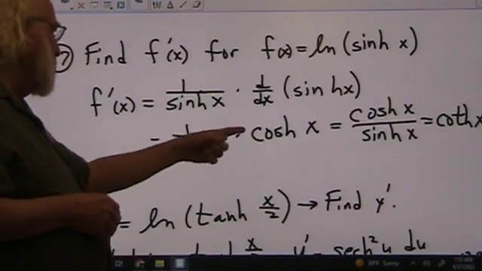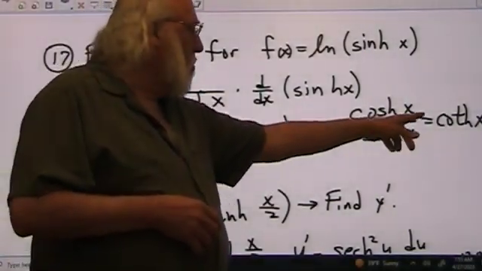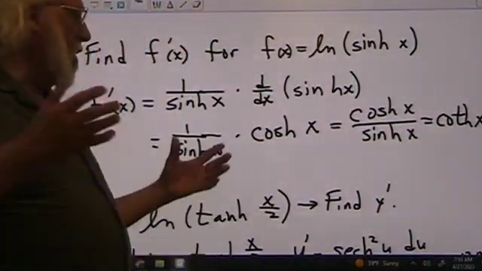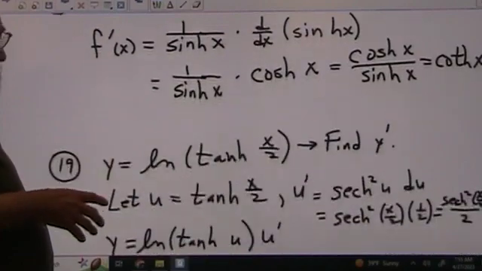Multiply these together and we get cosh x over sinh x, which is coth x, just like cosine over sine is cotangent. So those two aren't too bad.